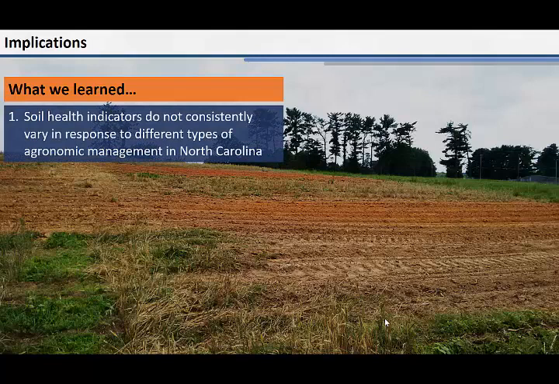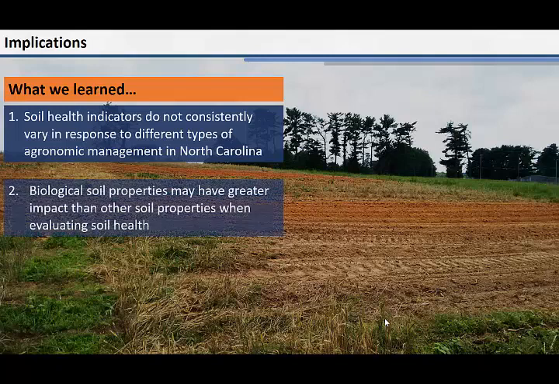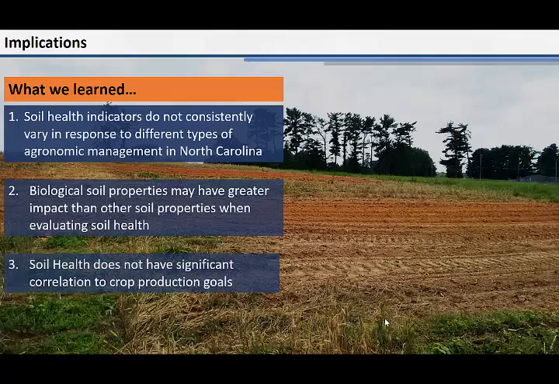So basically what I learned from all this, I'll go through this quickly. The soil health indicators do not consistently vary in response. The biological soil properties tend to have a more extreme response, but still variable. And then I don't think soil health, as we currently interpret it, has a significant correlation to crop yields, or at least agronomic productivity.